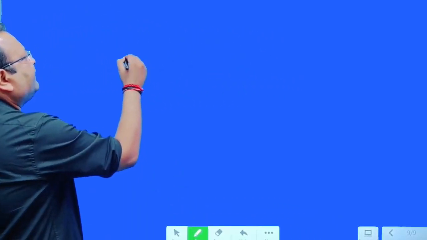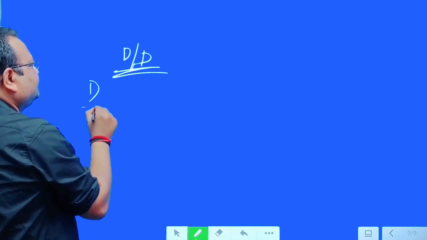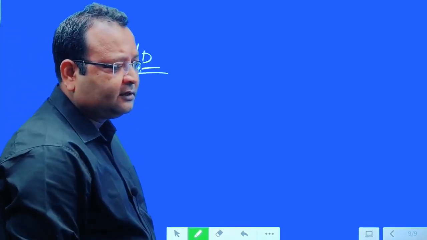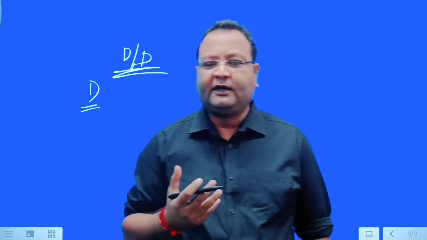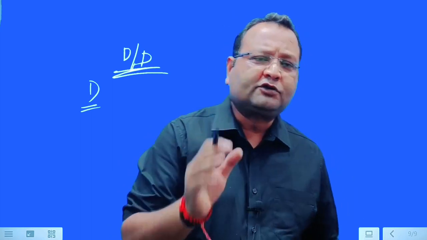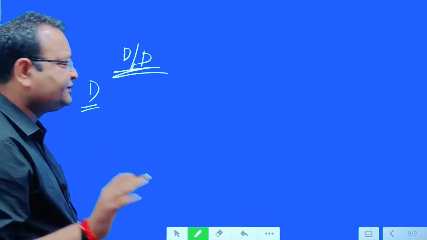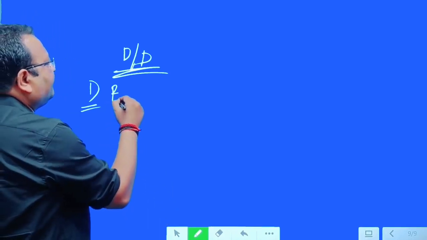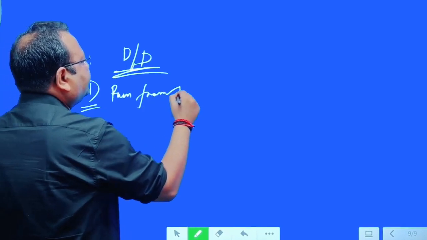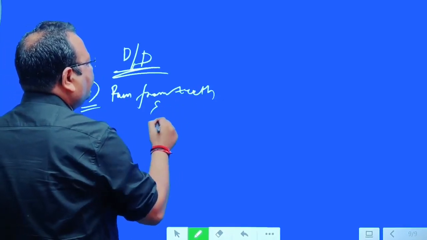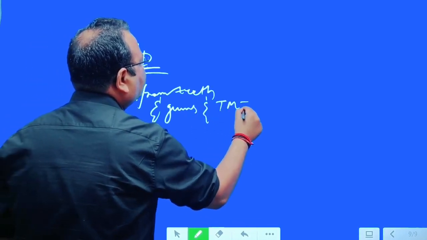Coming to the differential diagnosis, there are many differential diagnoses. There are many pains which are originating especially from the orofacial region, and the most common cause of orofacial pain is pain which is from teeth and gums and temporomandibular joint.